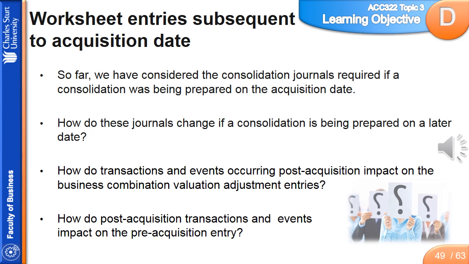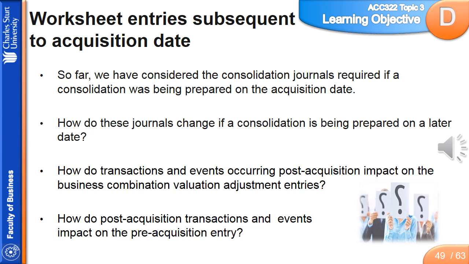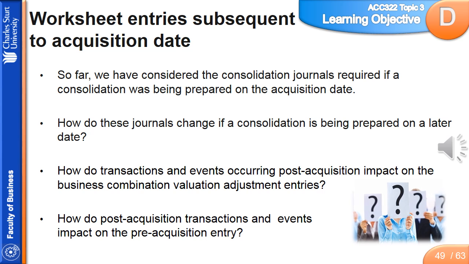So how do transactions and events that occur post-acquisition impact on the business combination valuation adjustment entries, and how do post-acquisition transactions and events impact on the pre-acquisition entry? That's what we're going to look at for the remainder of these slides.